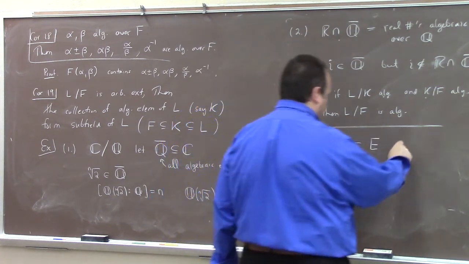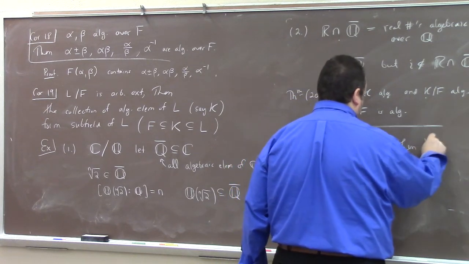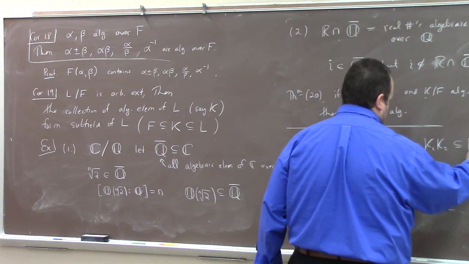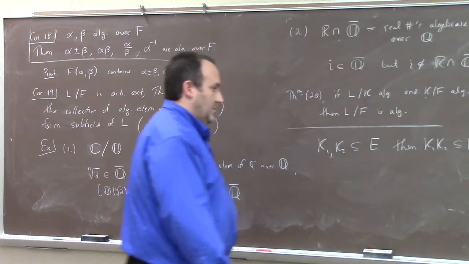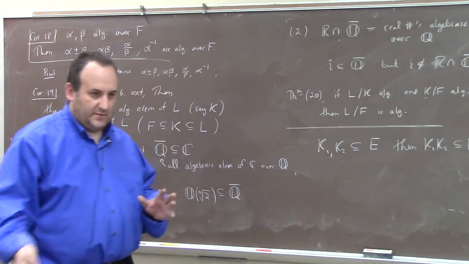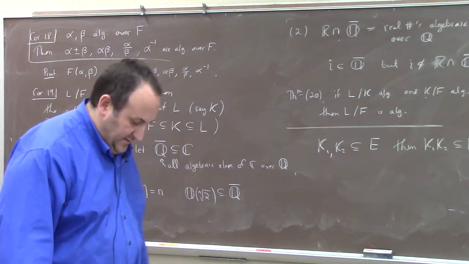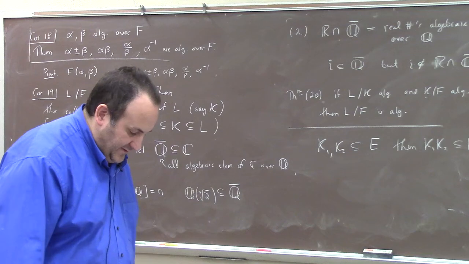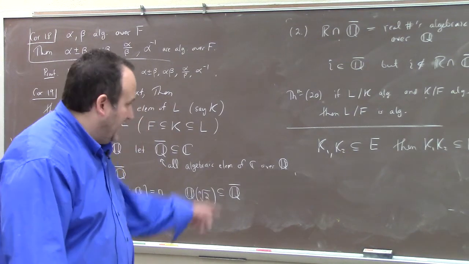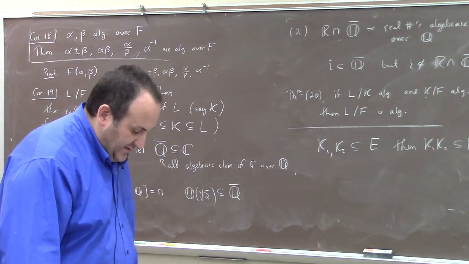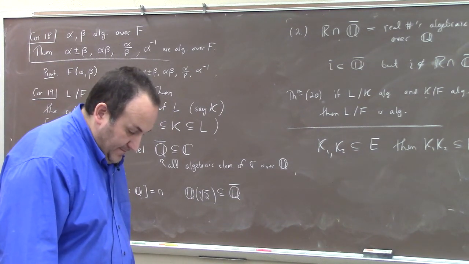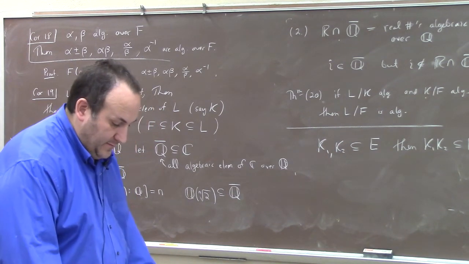Then K1 K2 is a subfield of E. So he defines the product of two fields. And his definition is, it's called the composite field. It's the smallest subfield of E which contains both K1 and K2.